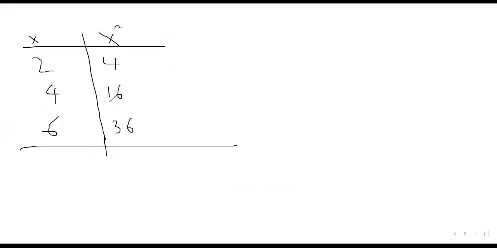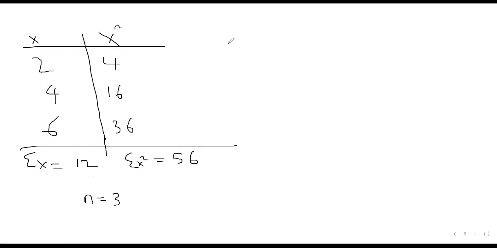When you add these ones up, this is summation of x, the 12. When you add this part, what do we get? Summation of x squared, which is 56. What is our n? How many numbers are here? Our n is 3.